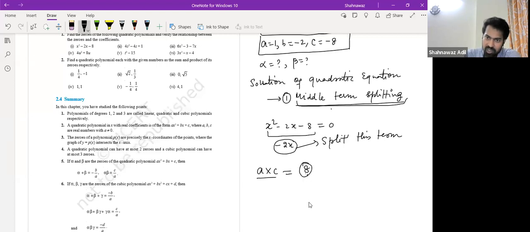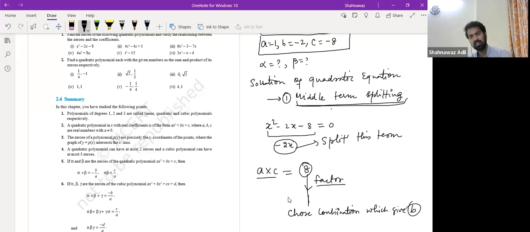Then we have to take the factors, and then choose the combination which gives b.